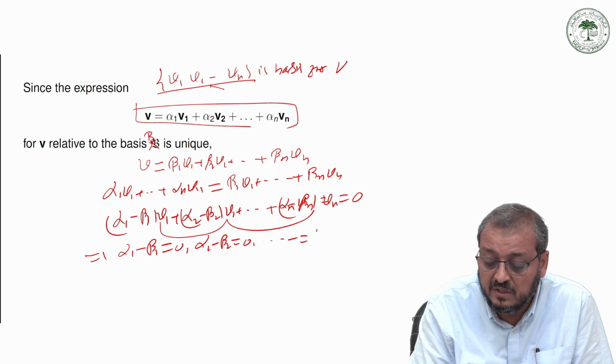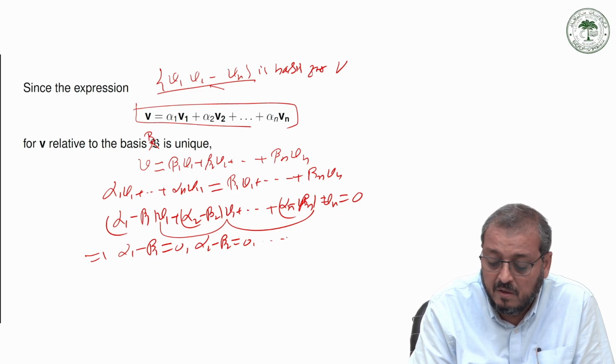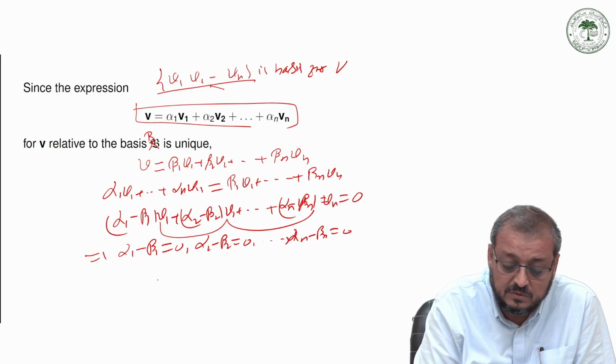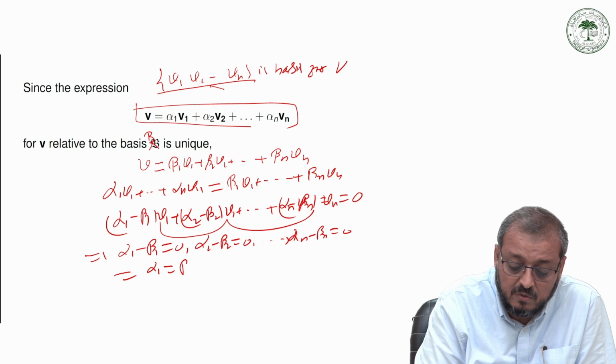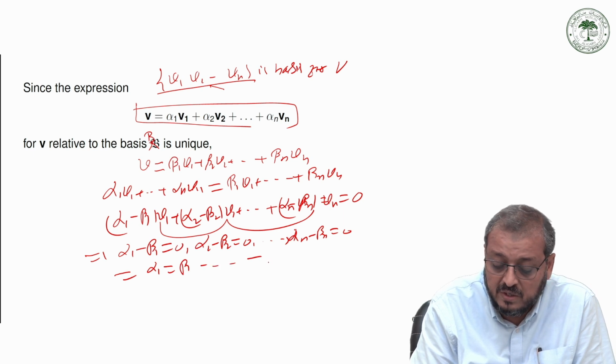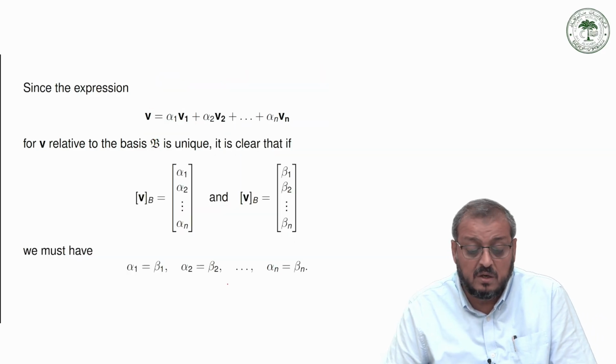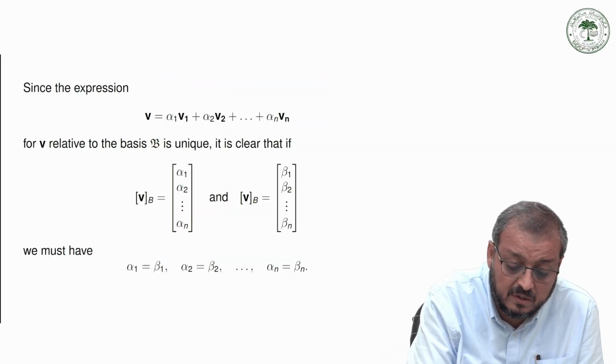And generally you can say that alpha n minus beta n is equal to 0, which means alpha 1 is equal to beta 1, and so on. You can say that alpha n is equal to beta n. So this means it is unique.